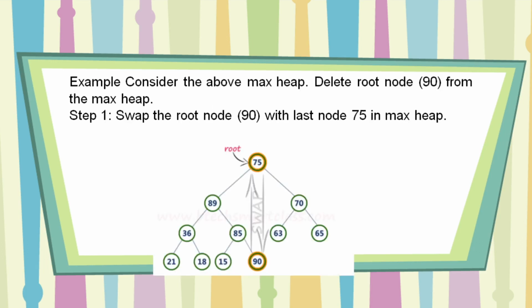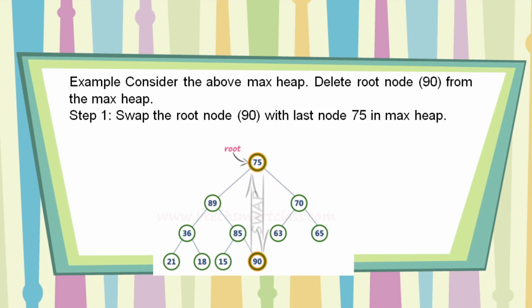For more elaboration, we consider this diagram. So here I am removing a root node. Our root node value is 90. If I am removing the root node 90, then how do we remove this node?